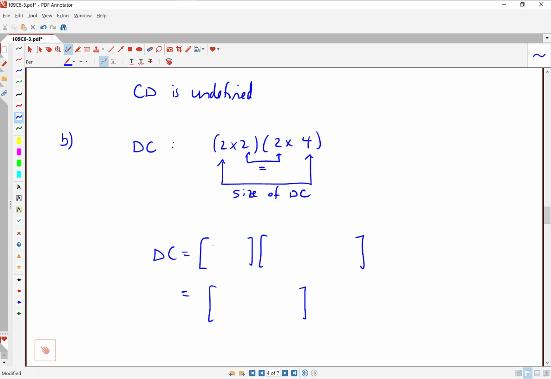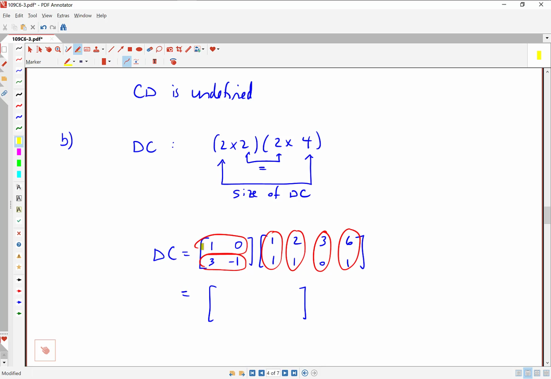Okay, so D is 1, 0, 3, negative 1. And we'll fill in C as well: 1, 2, 3, 6, and 1, 1, 0, 1. The most important thing is to circle the rows of the first matrix and columns of the second matrix, and then we're going to form our dot products. We do the first row dotted with the first column. The dot product is 1 plus 0 is 1.